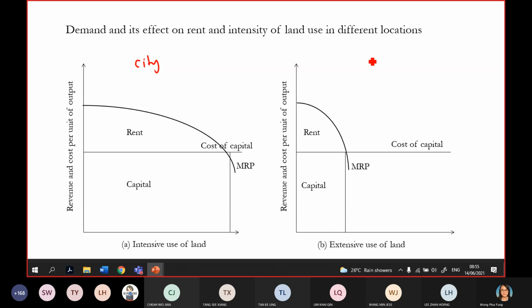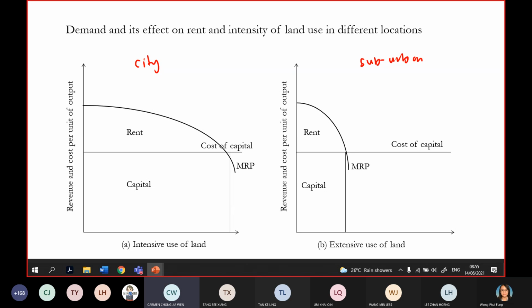Can you answer why A is city and why B is suburban?